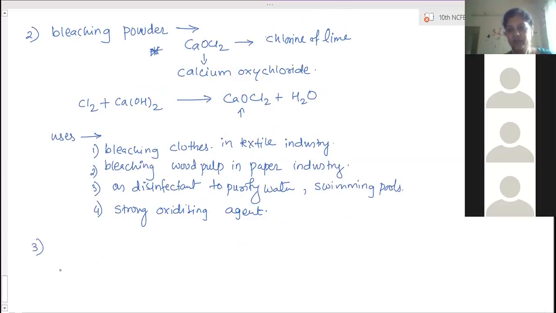Third salt, baking soda. Chemical name: sodium hydrogen carbonate.